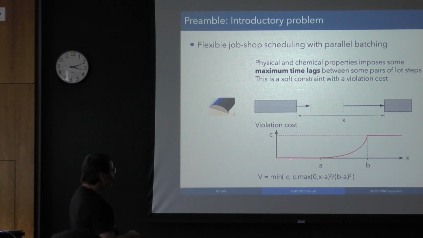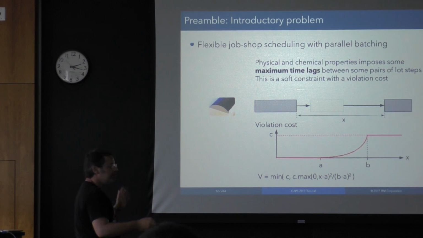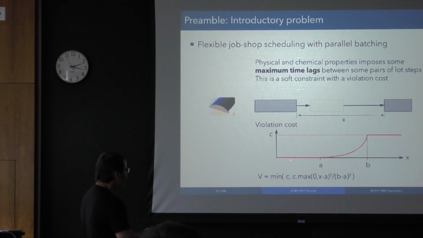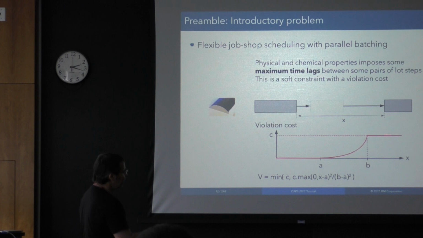So you have some kind of violation function. This is not me who invented this function, but the customer said that it makes sense to have this kind of function. You have no violation if x is lower than a, then you have a flat violation if it is greater than a threshold, and then you have some kind of quadratic behavior here.